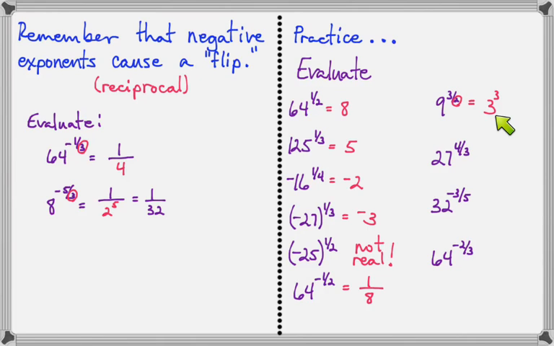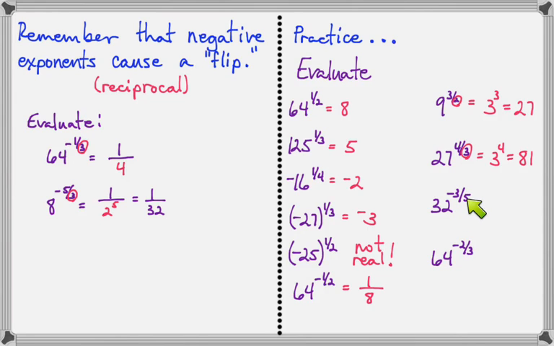And then I've got 3 to the third power is 27. Okay, now on 27 to the 4/3, the denominator is 3. So I'm looking for the cube root of 27. That's 3. Now I have to do 3 to the 4th power. And, well, if I do 3 times 3 times 3 times 3, that gives me 81.